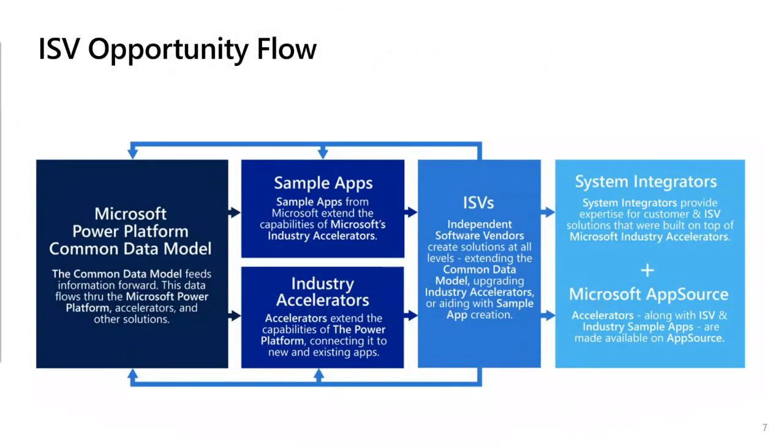The Microsoft Power Platform and industry accelerators create a unique opportunity for ISVs to provide solutions for different scenarios and levels of development. This image shows the opportunities for ISVs who build on top of the platform and the industry accelerators. As the image shows, ISVs have multiple opportunities to deliver industry-focused applications and solutions.